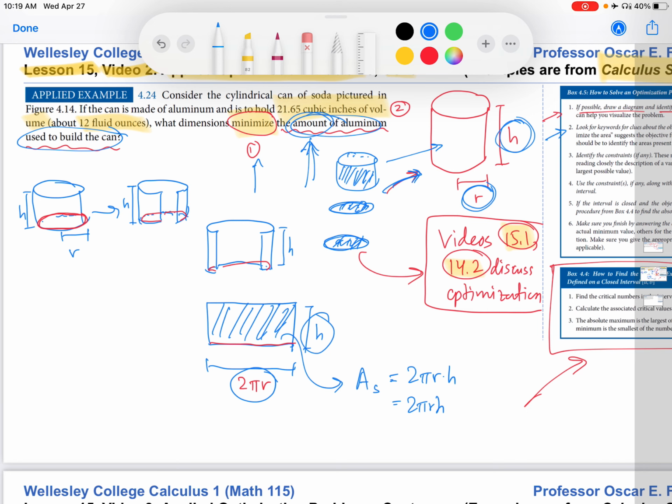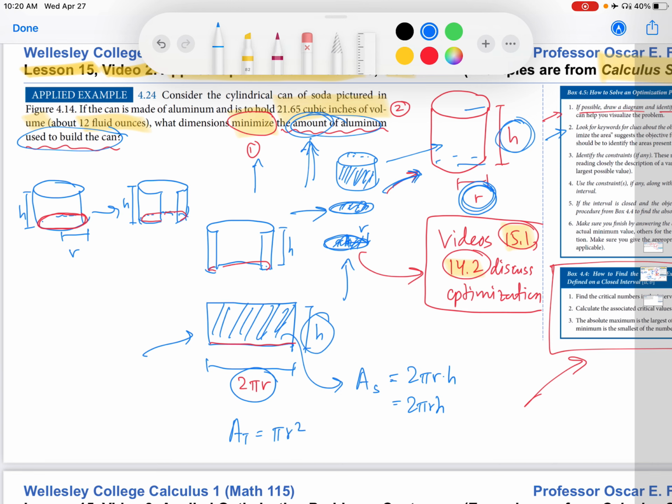Great. Now, this is not how you make, this would be a terrible can of soda. Just an aluminum sheet, put into a cylinder shape, with no top and no bottom. That obviously cannot hold anything, can't hold liquid, and can't hold soda. So we need also to add the area of the top. That's the area of a circle of radius r, because that's the same radius we're using for the cylinder. So the area of a circle of radius r is pi r squared.